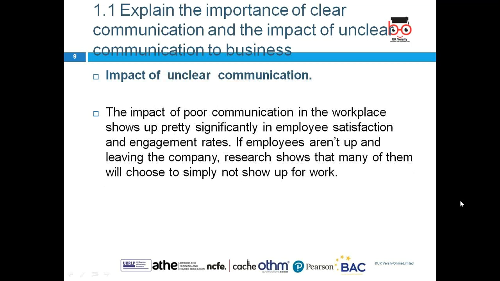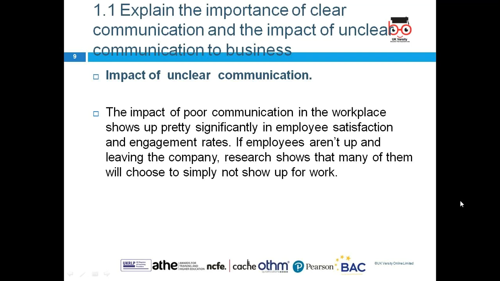And then the last section on this, the impact of unclear communication. Again, it's the same as what we just talked about. You're not giving enough information. You're not engaging with your employees. It's quite broken communication where not much of importance is being passed on.